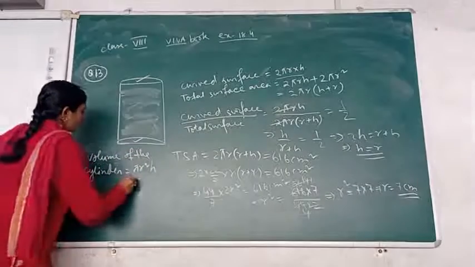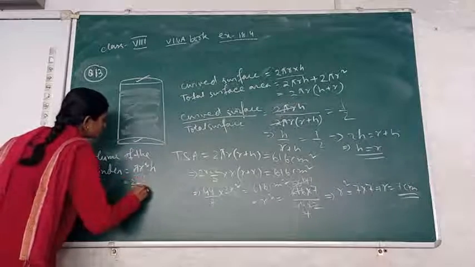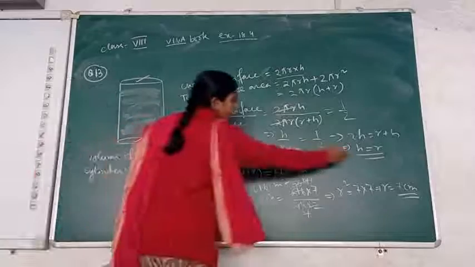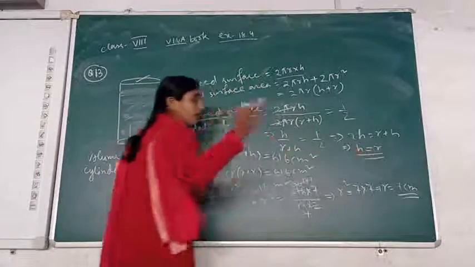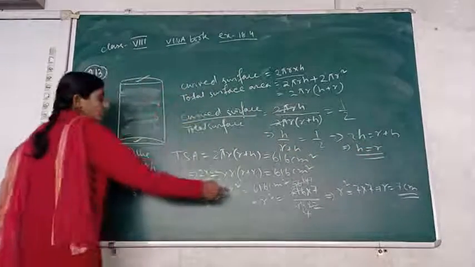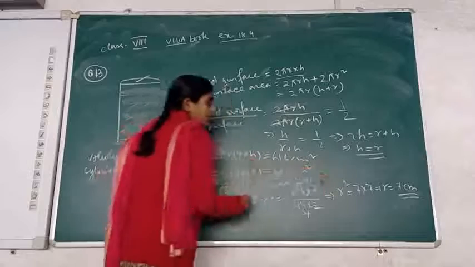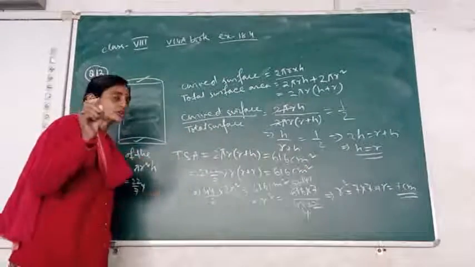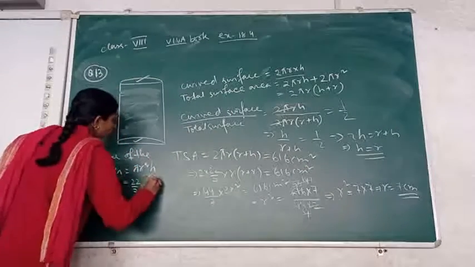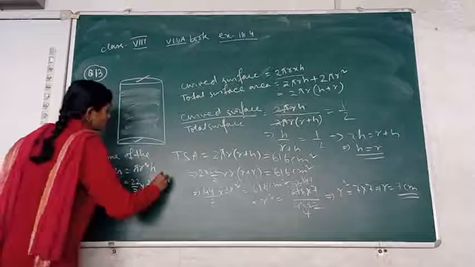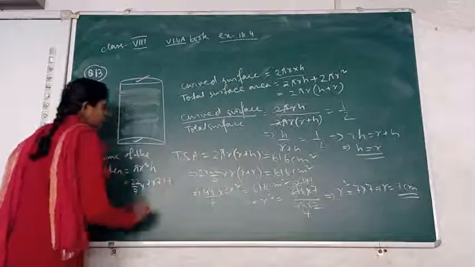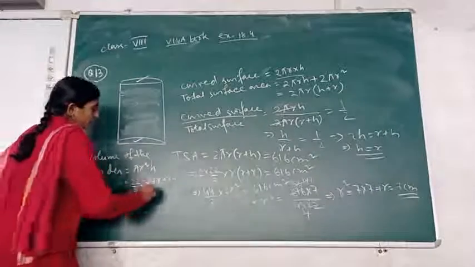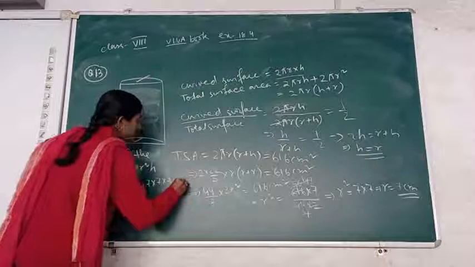So pi is 22 by 7. Here we have verified that h and r, the height and the radius, are both equal. So we have found the value of r or h equal to 7 centimeter. In place of r we are going to put 7, and in place of h, the height, also 7 only, in centimeter cube.